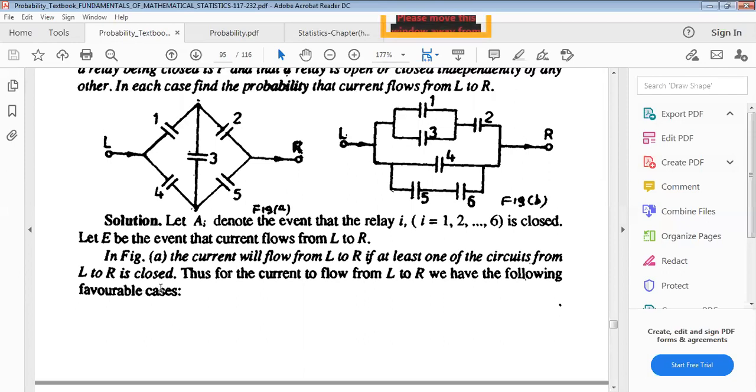Now in figure A, the current will flow from L to R if at least one of the circuits from L to R is closed. At least one closed, then current will flow. Thus, for the current to flow from L to R, we have the following favorable cases.